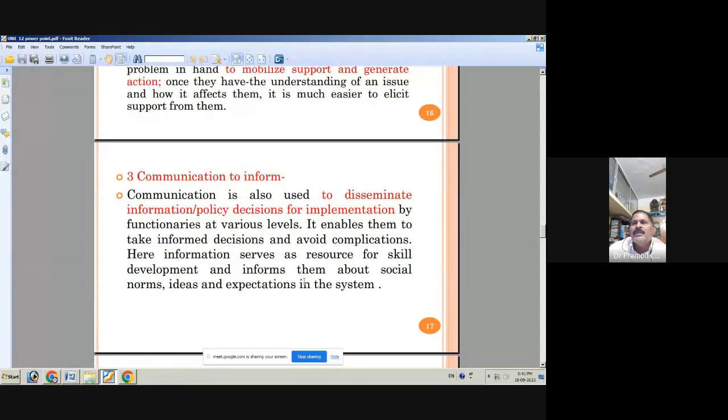And you know that information always gives the source to develop certain skills of ourselves. So the norms, the ideas, the expectations of the educational system we are going to understand very vividly.